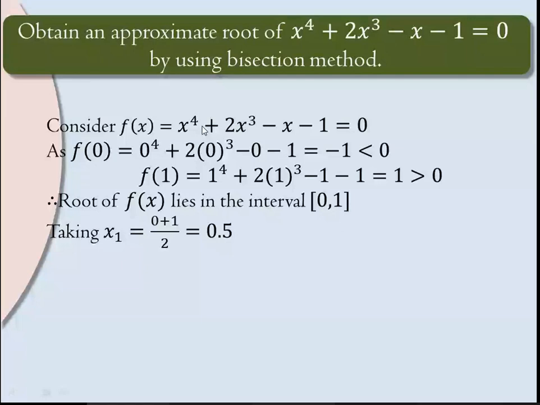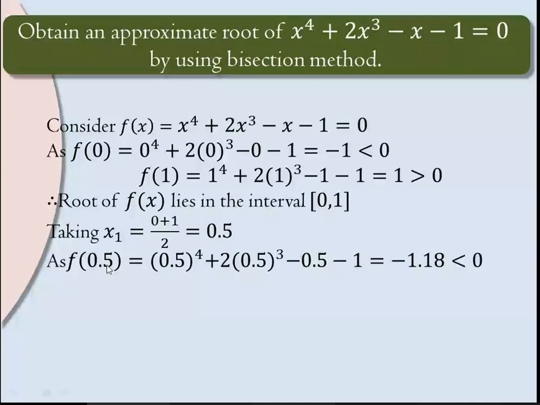Check the value of the function at that point, whether it is positive or negative. If it is negative, then for whichever value we get negative, replace it by the new value. F of 0 is negative, so we replace 0 by 0.5.